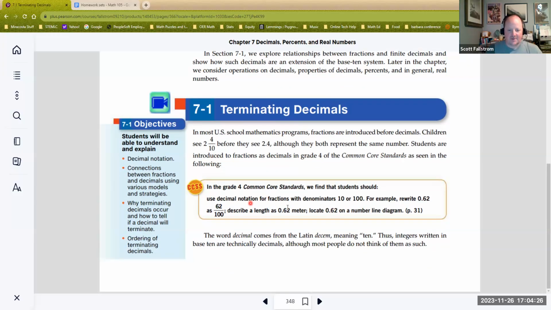Grade 4, we're talking about decimal notation. And looking at the language that we use: decem, which is 10. And with the deci is fractional pieces. So you'll see other things if you go into sciences.